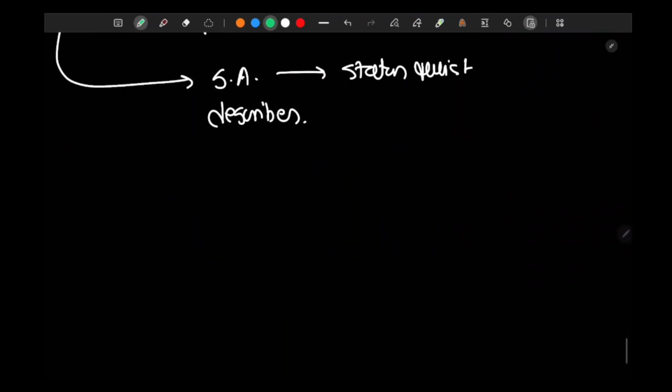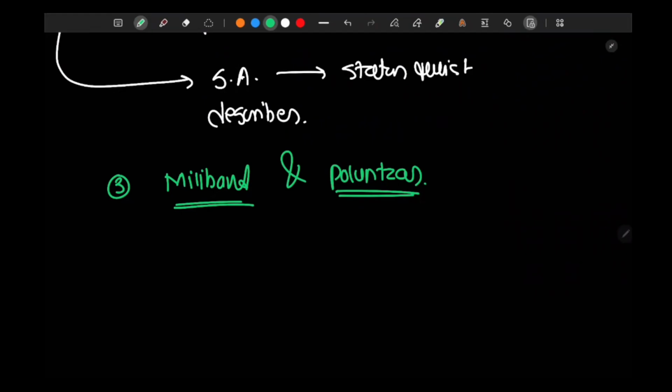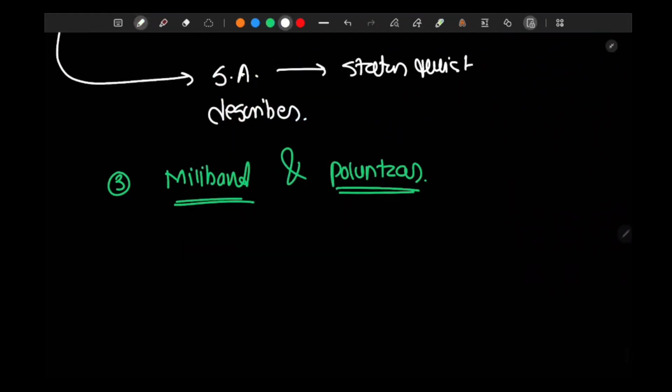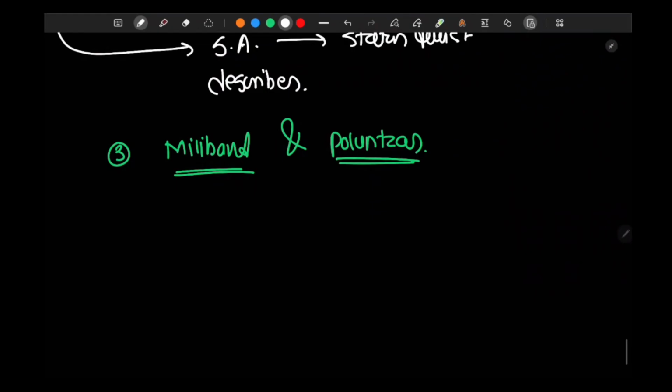Then the next criticism came from Miliband and Poulantzas. We have studied them in the relative autonomy theory of the state and the instrumentalist theory of the state. That was the debate between both of them, right? One is instrumentalist, the other is relatively autonomous.